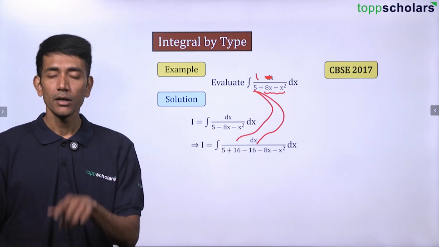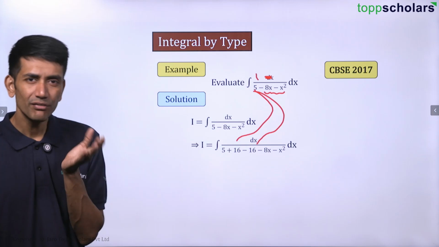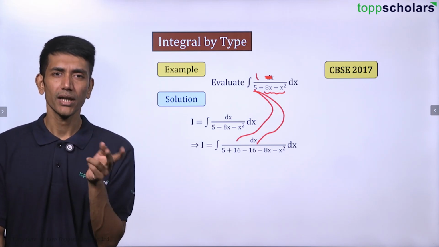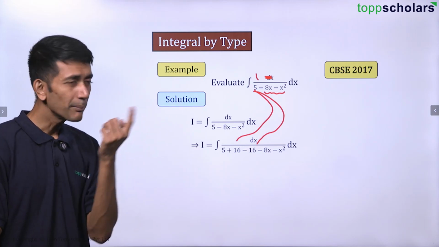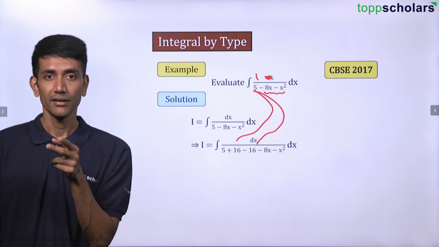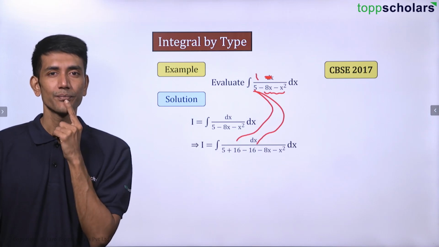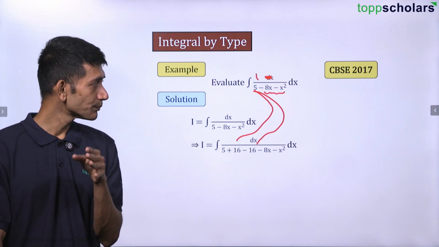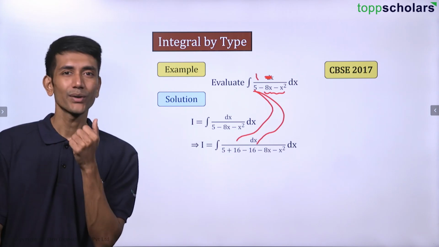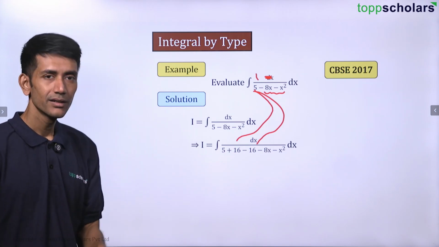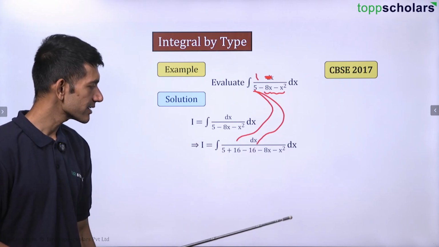Because whenever you have the format of a plus b the whole square or a minus b the whole square, the middle term is 8, right? That is 2 into a into b. That is 2 into 1 into 4. So you need 4 square, right? So 4 square is 16. That is why we have added and subtracted 16.